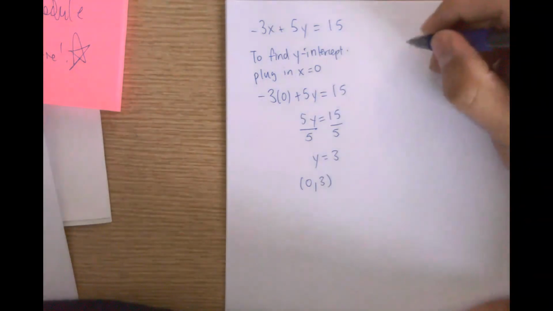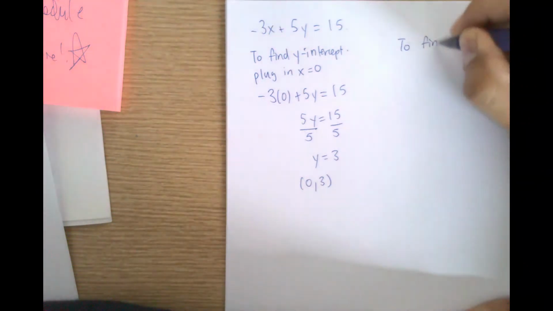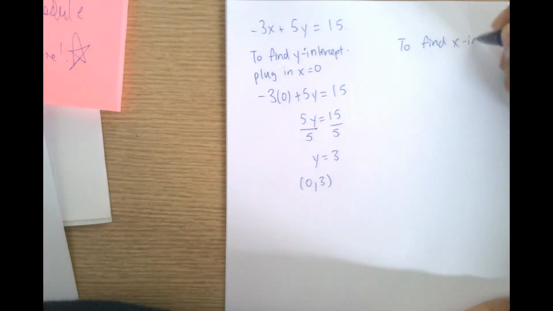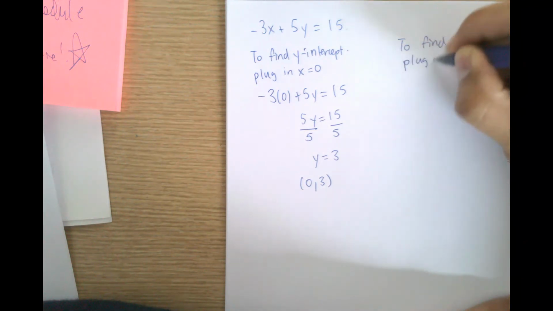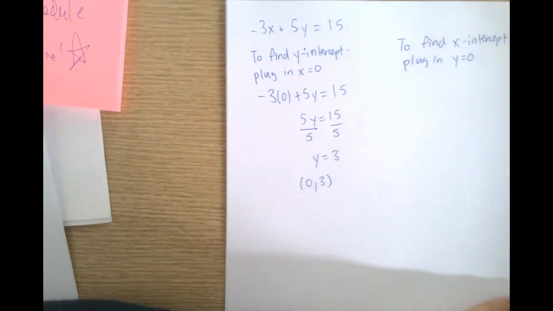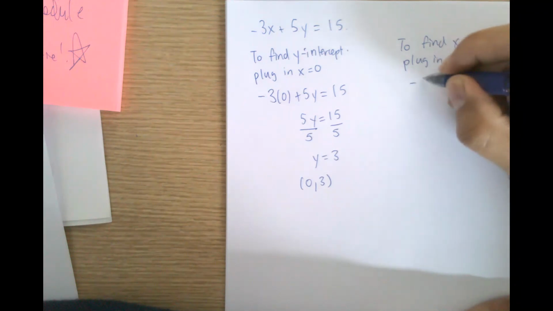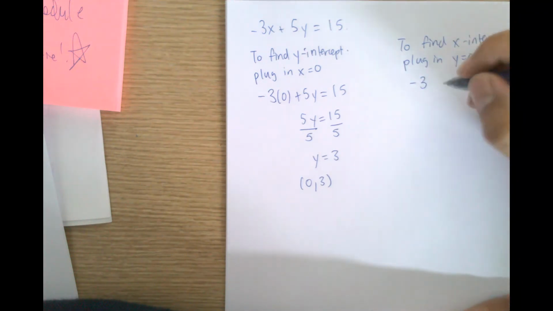Okay, so vice versa, to find the x-intercept, you want to plug in y equals 0. And the reason we do this is because for every x-intercept, y equals 0.